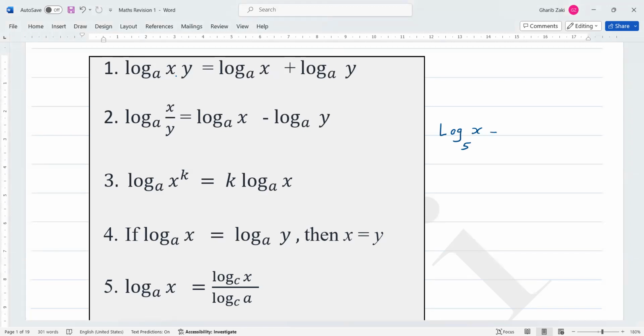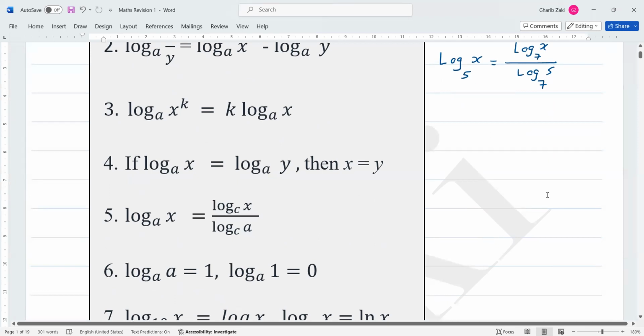If we need to change the base to any other log, for example, log to the base 7, we can write this as log x to the base 7 over log 5 to the base 7. So we can change the base. Log x to the base 5 equals log x to the base 7 divided by log 5 to the base 7, or any other base.